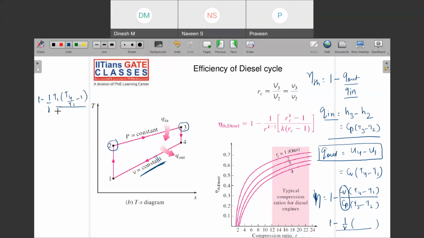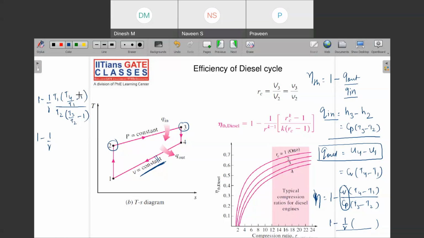And from the denominator, if I take T2, this is T3 upon T2 minus 1. So now this is 1 minus 1 upon gamma into T1 upon T2.